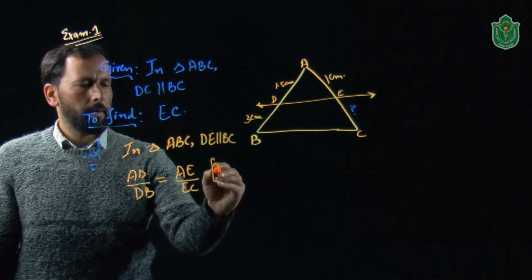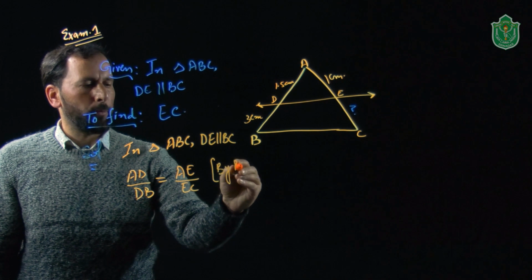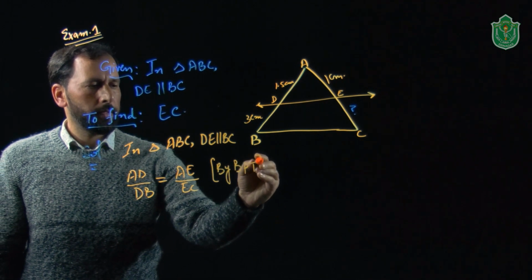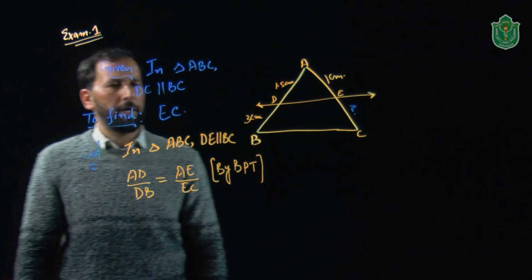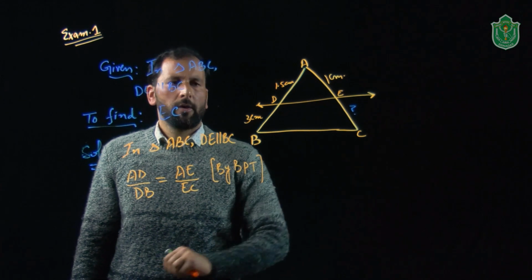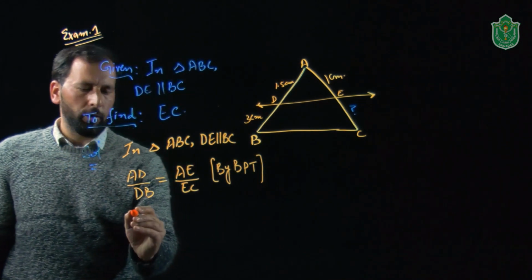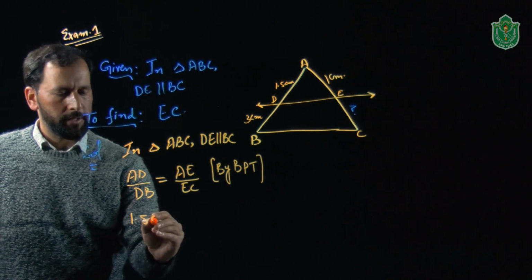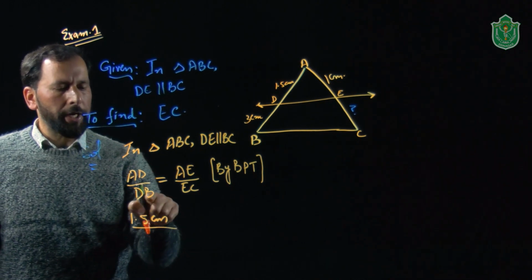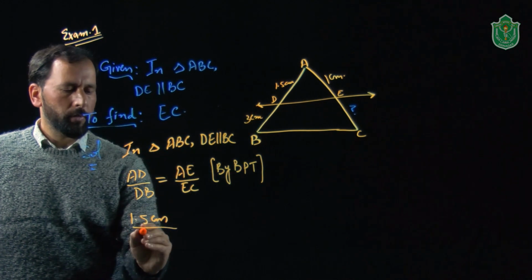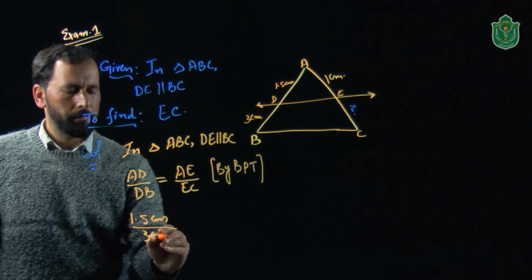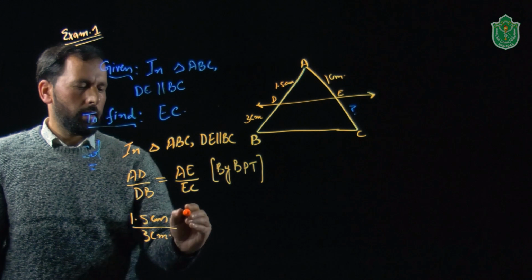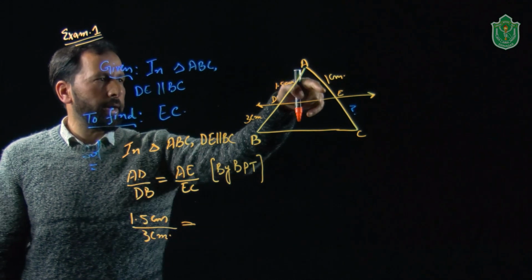So the reason is by the basic proportionality theorem. So out of the 4 segments, 3 are known to us. One is A to D, that equals 1.5, we can write it as 1.5 centimeter. And D to B is given 3 centimeter. Simply A to E is 1 centimeter.